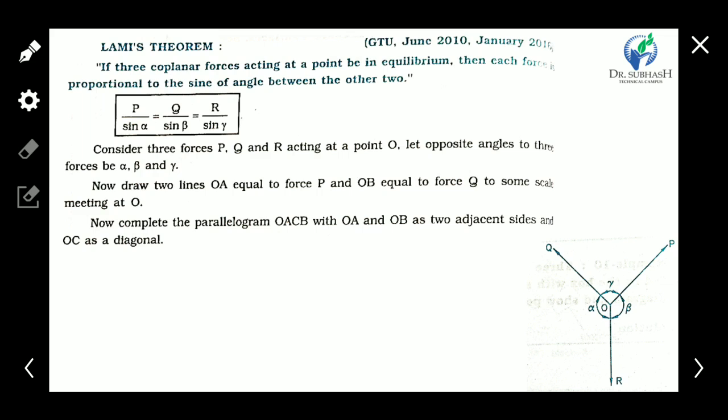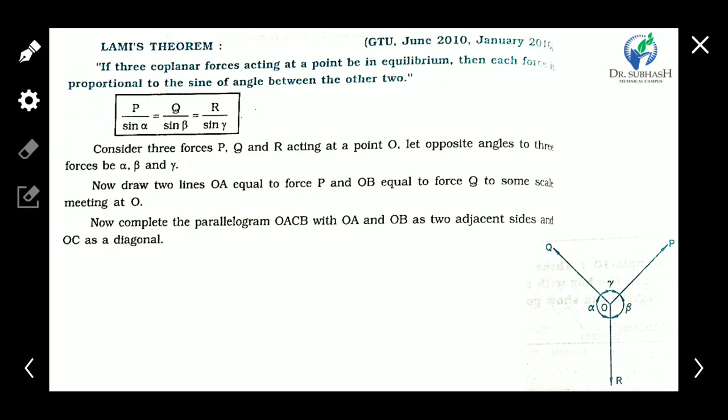First, let's see the statement of Lami's theorem. If three coplanar forces acting at a point are in equilibrium, then each force is proportional to the sine of the angle between the other two forces.